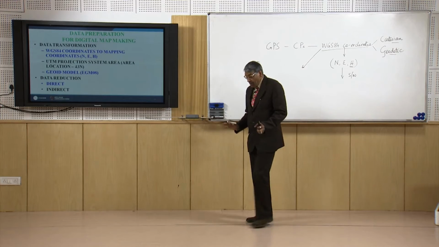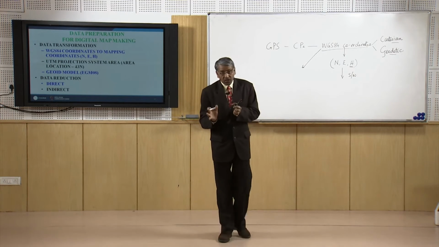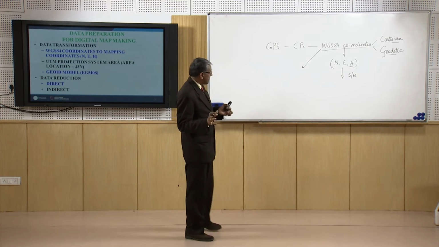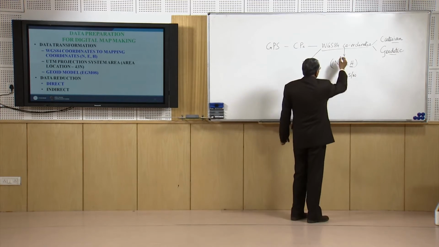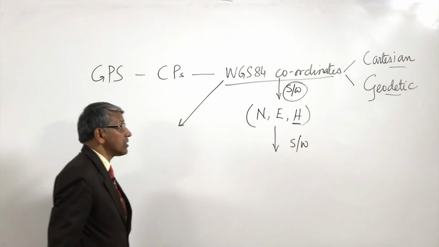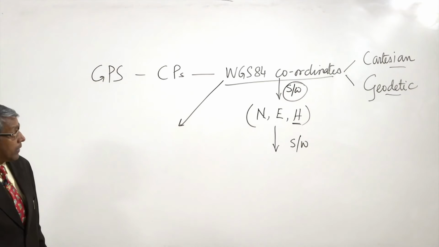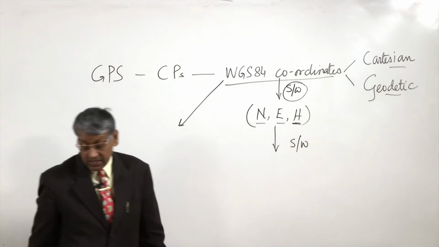So we have our mapping software or also our GPS software which process the data, and many other softwares are there which may be used to convert the WGS coordinates to north, east and height coordinates.